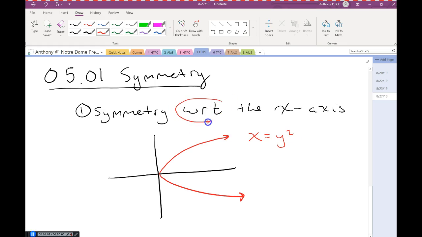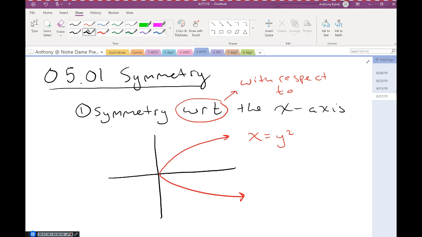And again, when I say WRT, I'm just abbreviating the phrase with respect to. That's a fairly common mathematics phrase and a pretty common abbreviation. So again, I'll just use WRT as with respect to. You're free to use that abbreviation, or you can write it out longhand. Either one is fine. Doesn't matter to me.